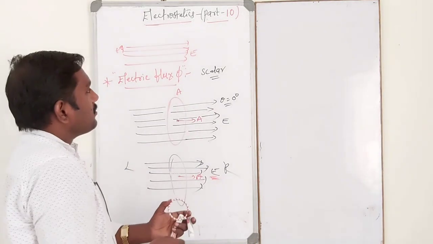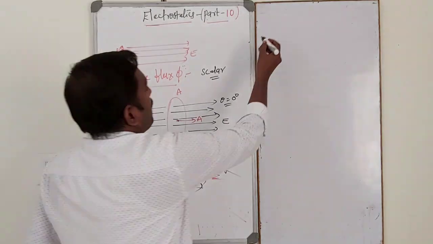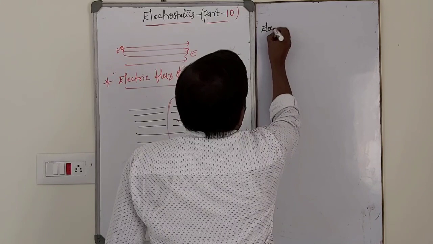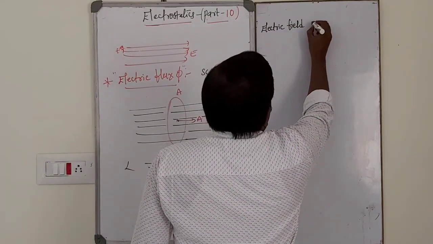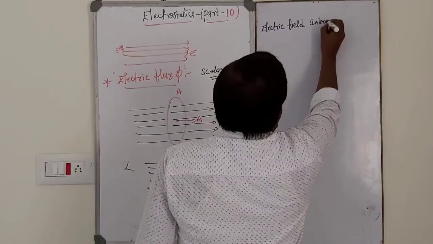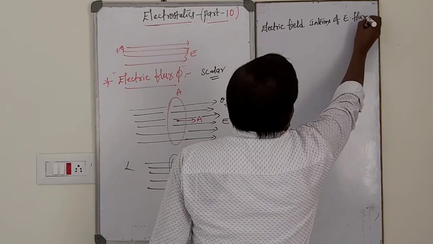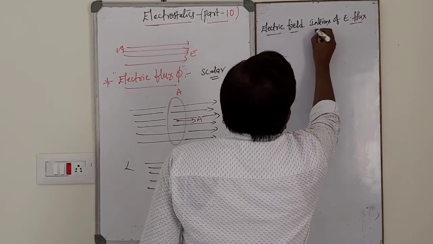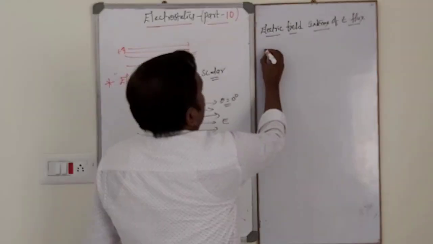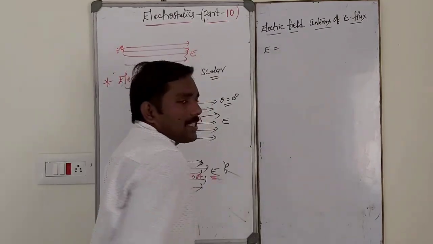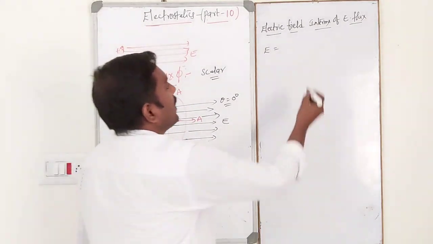Okay, students. Electric field in terms of electric flux. The definition: simply, electric field is defined as the ratio of electric flux to area.